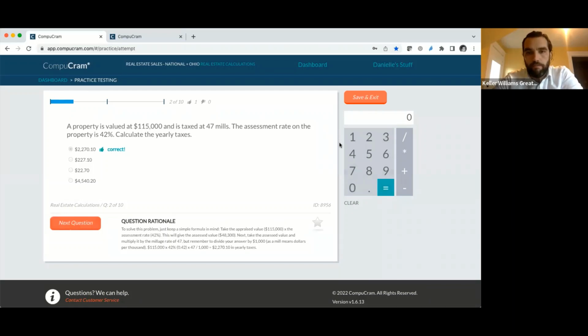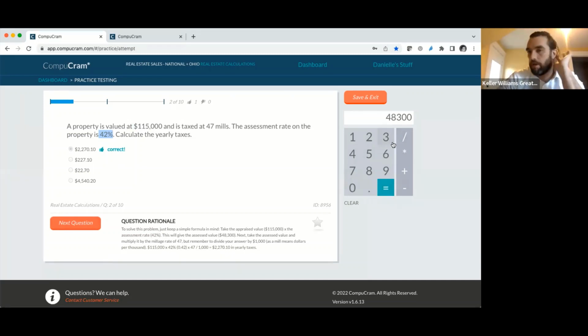So how do we get that? Well, we know the property value is $115,000, but it's assessed at 42% of its value. So the tax assessment is going to be levied against 42%, or multiply 115,000 by 0.42, so it's levied against $48,300.